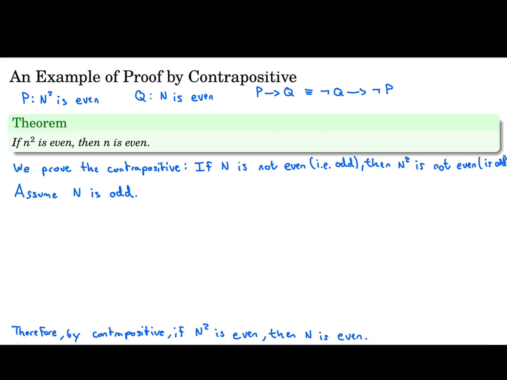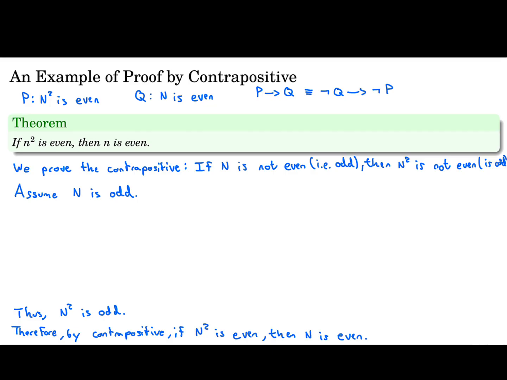So we'll end up with this, but before that, we will essentially be showing that if n is odd, then n squared is odd. So it has to be something like, thus, n squared is odd. So we need to end up with something like this, right?